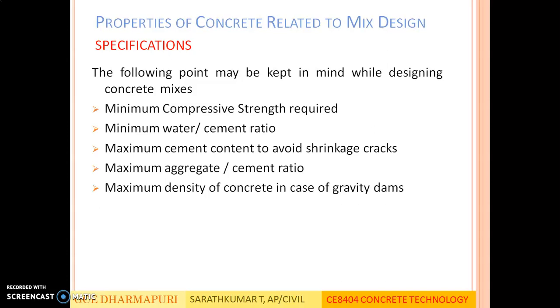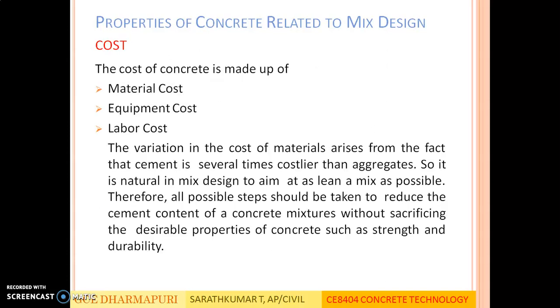So the specifications are minimum compressive strength required, minimum water cement ratio, maximum cement content to avoid shrinkage cracks, maximum aggregate to cement ratio, and maximum density of concrete in case of gravity dams. So if the building you are constructing is in a special area or is exposed to very severe environmental conditions, you should have minimum cement content, etc., so that it satisfies all the requirements. So these must be in mind while designing the mix.